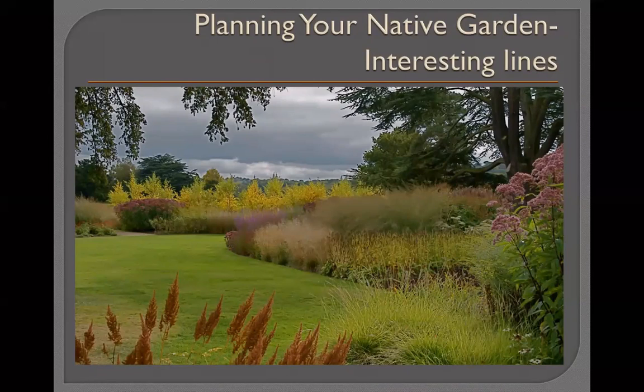But looking at this, as this line of this design leads your eye, and you want to follow it and see what is around the corner there. And it may be an arbor, it may be a gazing ball, whatever it may be. Your eye is led throughout the whole garden design.